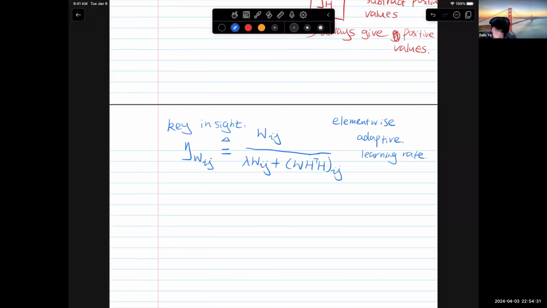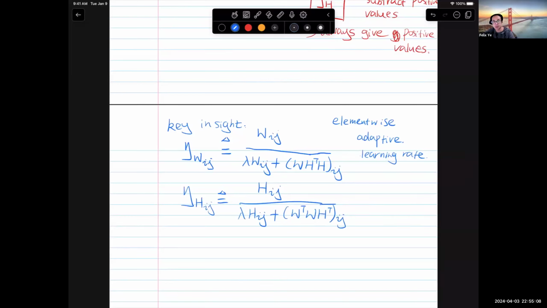Another one for hij: this will be hij divided by lambda hij plus W transpose W H transpose ij. Okay.